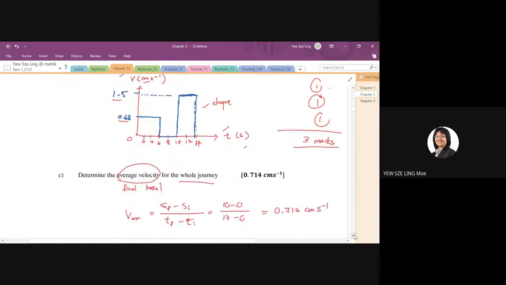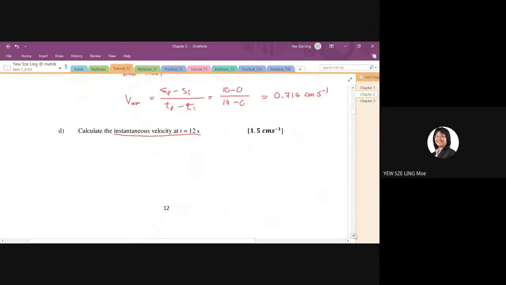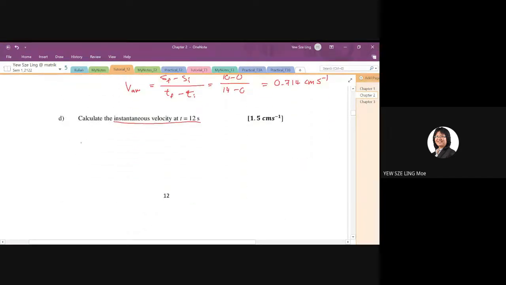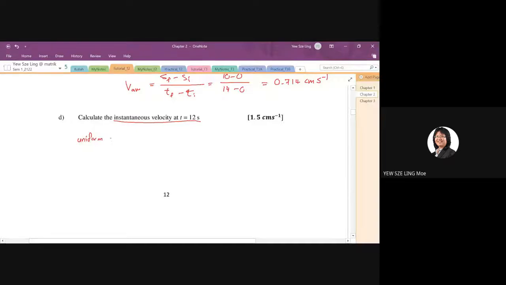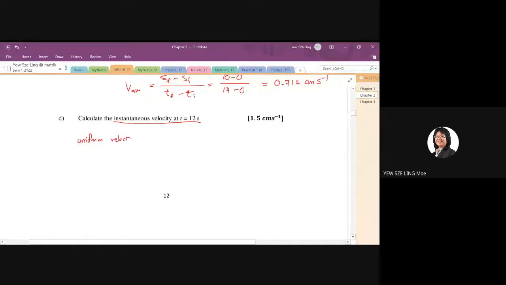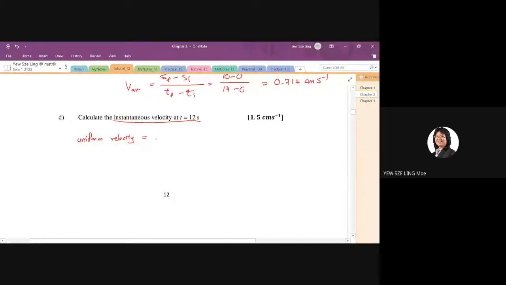If the object is moving with uniform velocity, then it equals your V average and also your V instantaneous. We don't know where the object is located at t equals 12 seconds, so we cannot calculate ds over dt because we are not given the equation.